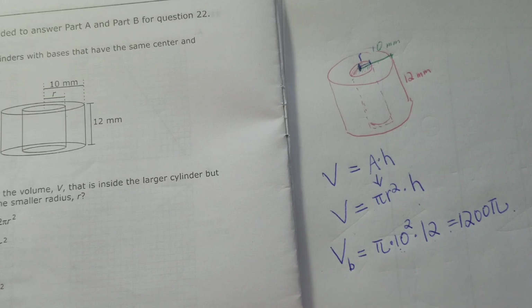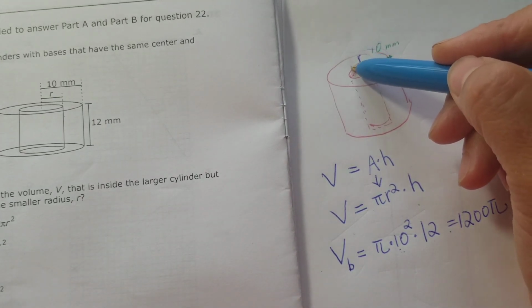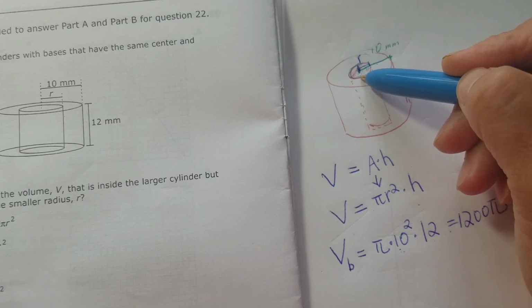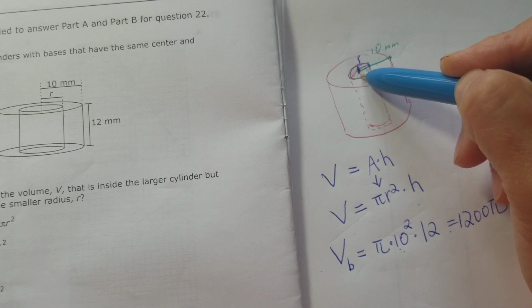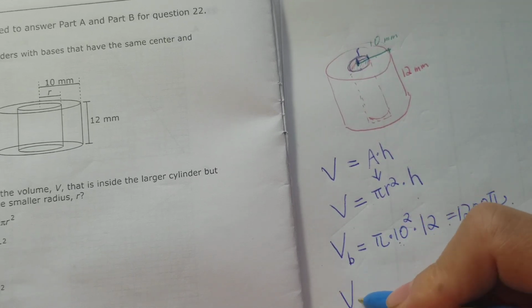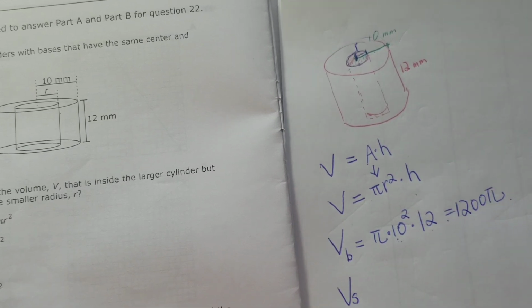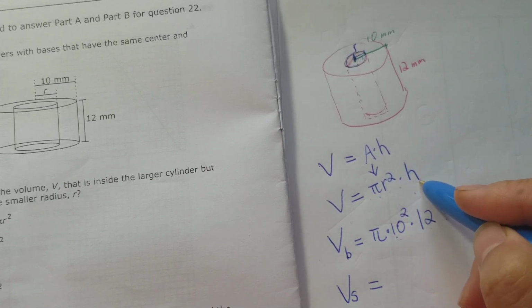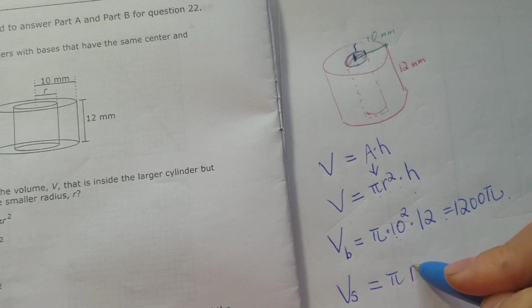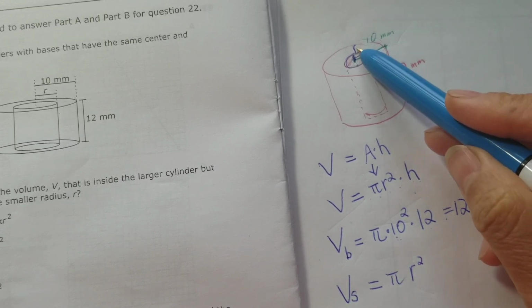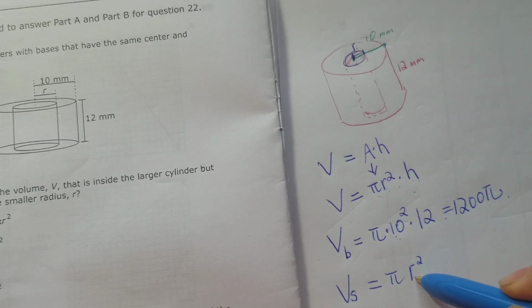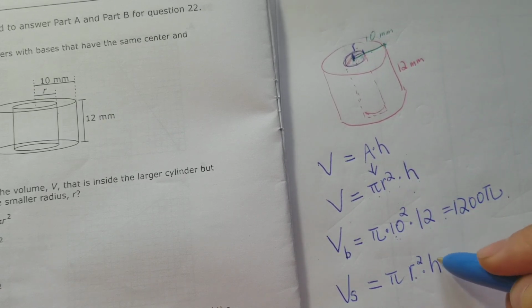Just keep it here. However, the toilet paper roll is not all paper, and you do have a hole inside. We need to subtract the value of the hole. Now, the value of the smaller cylinder will still equal pi r squared times height. In that case, we do not know what r is here. I'm going to use r because this is a given radius, and times height, which is still 12.